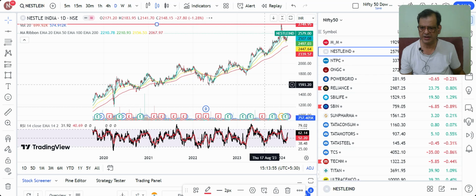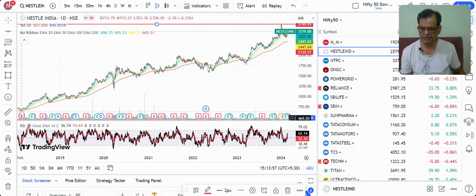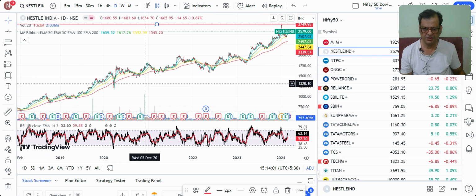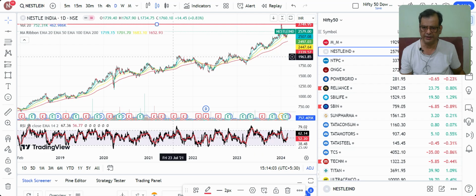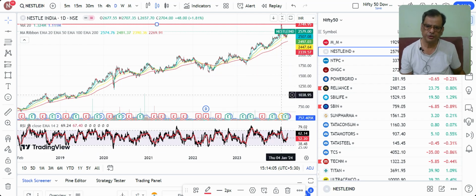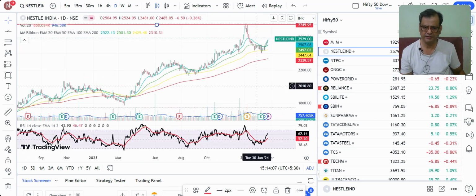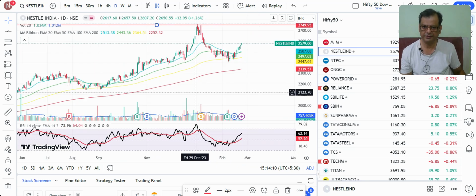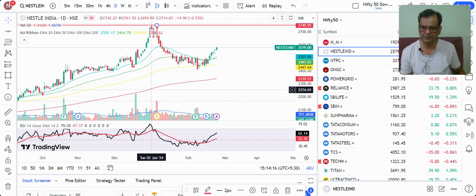We can't see it at least up to 2018, last 5 years. So it seems like price is at an all-time high. So this is a fresh resistance that we have from the month of December. From 2nd Jan, the new year this year, we have resistance and it's holding.